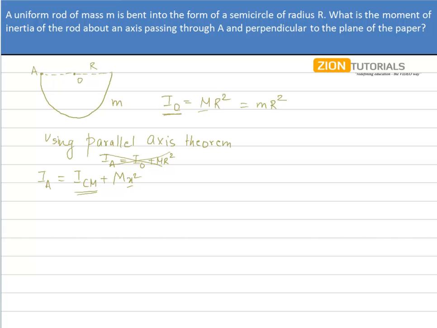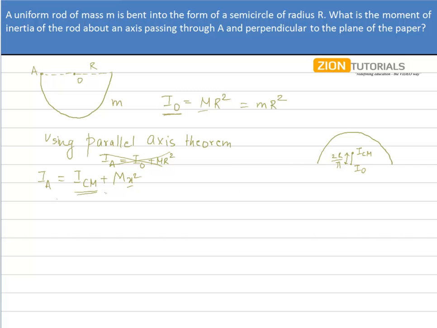It was in the case of a ring, but in the case of a semicircle, it is not. From the center of mass chapter, you might know that if this is the center of mass and this is O, the distance is 2r by pi.